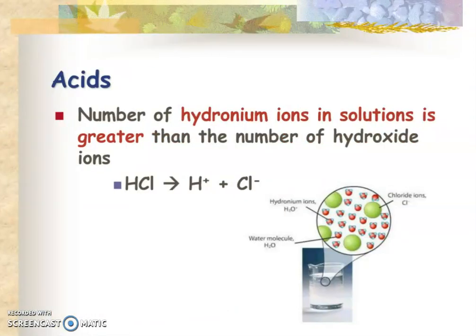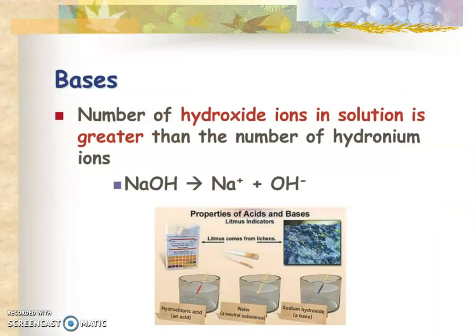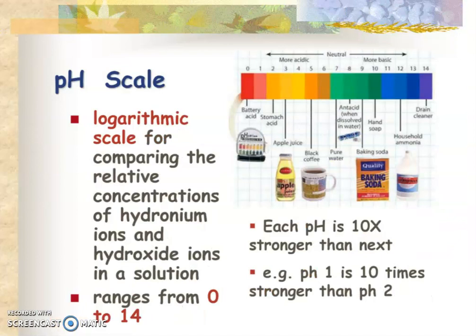In an acid, the number of hydronium ions in solution is greater than the number of hydroxide ions. You can see here. In a base, the number of hydroxide ions in solution is greater than the number of hydronium ions. You can see here.